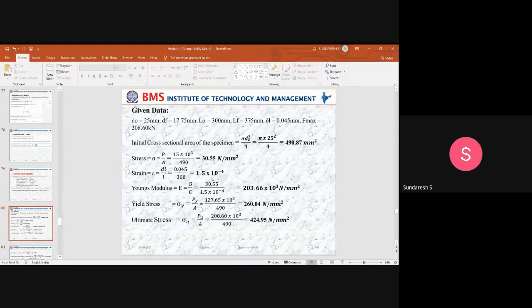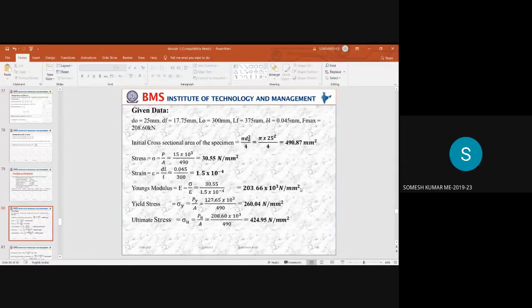Now just substitute the values and get the modulus of elasticity E. Check whether the value you are getting is correct or wrong. 30.55 divided by 1.4 into 10 power minus 4. Check if you are getting 203.66 into 10 power 3.